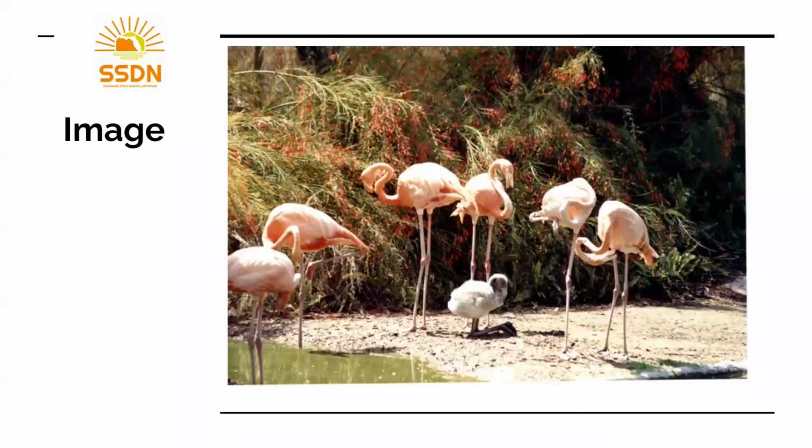I have an image. Yeah, those are some beautiful flamingos. If you are going to create metadata for this image, what would you put in your record? Photo elements, size, color.